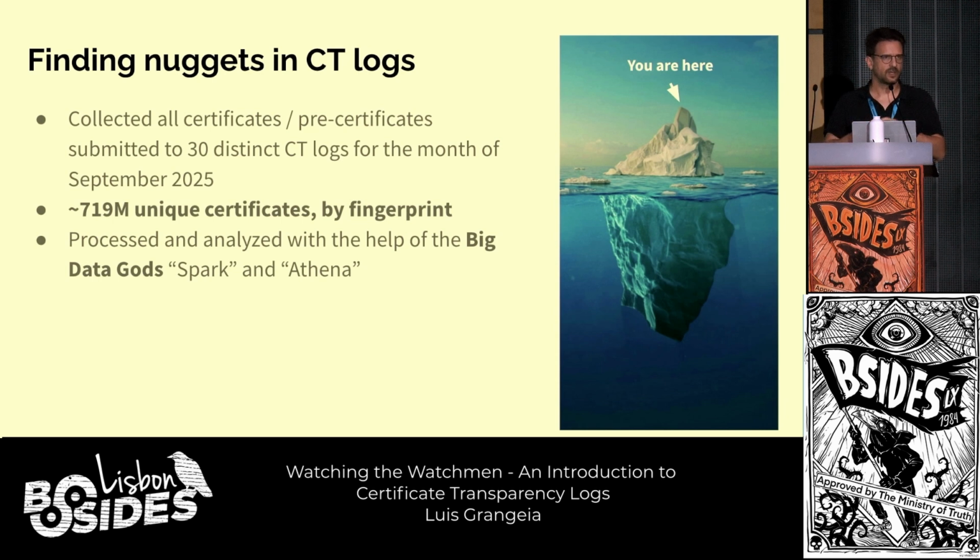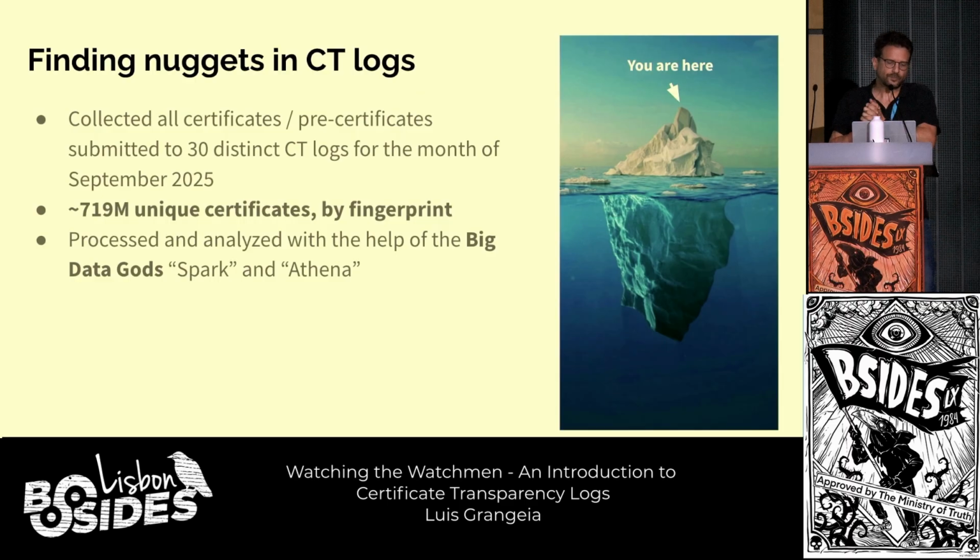We deduplicated the data. Again, I'm sorry, I didn't tell you this: for Chrome to accept a certificate, it must be present in at least 2 certificate logs. So of the 200 terabytes, at least half is unique certificates. And it tends to compress a lot more.